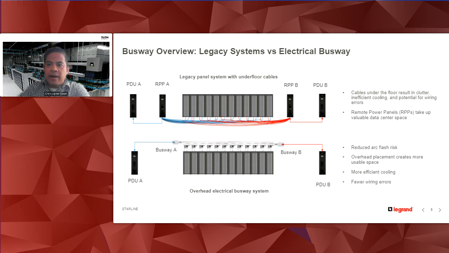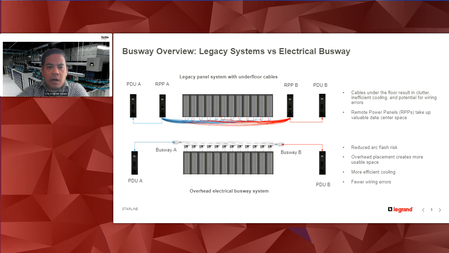That RPP system, you can see the image on the top, started with the PDU, then landed to an RPP, which broke out the power into several different electrical paths that ultimately fed to the racks. The important thing to note on that topology is that from the RPP, you had to route cables under raised floor to where the rack ultimately resided.